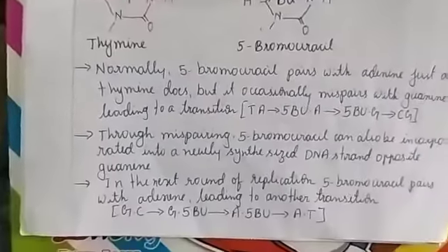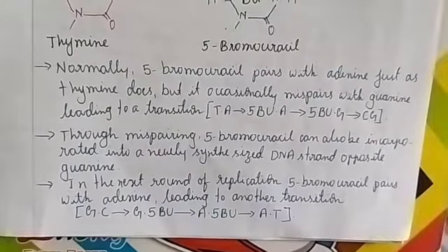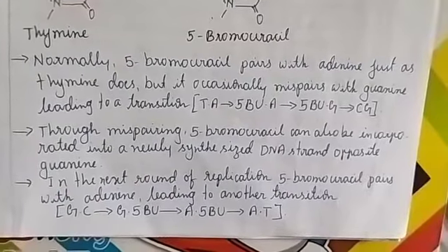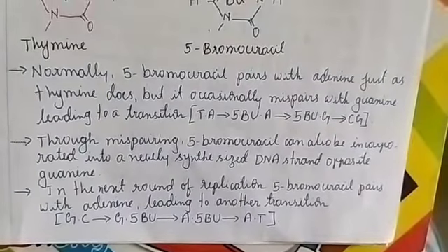Normally bromouracil pairs with adenine just as thymine does, but it occasionally mispairs with guanine, leading to a transition.